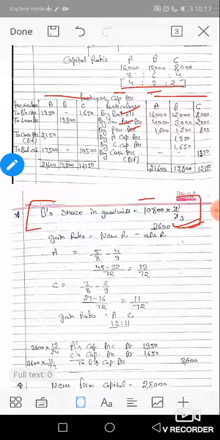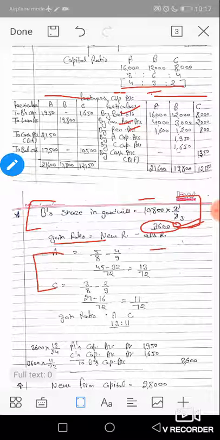Now these 3,600 is debited to A and C in their gaining ratio, and gaining ratio is new ratio minus old ratio. So we have both new and old. New is 5 upon 8, old is 4 upon 9. So 5 upon 8 minus 4 upon 9 equals 13 upon 72, and in case of C, new ratio is 3 upon 8 as per given information, and old ratio is calculated by us, 2 upon 9.